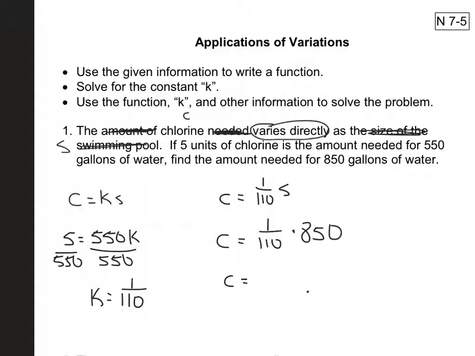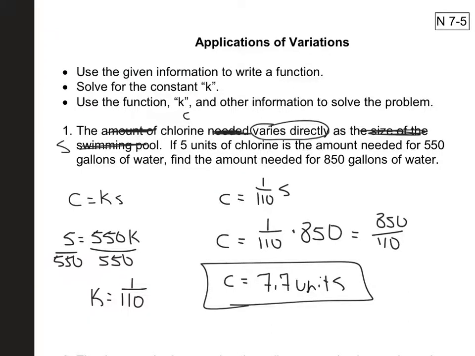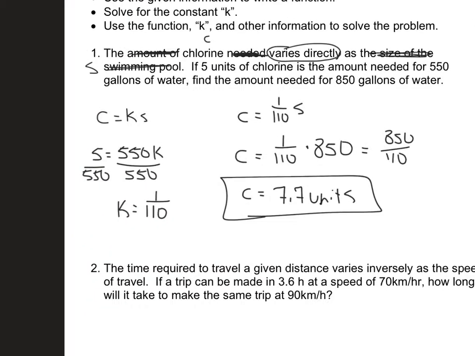And this is probably when I'd put in my calculator. This is really, guys, remember, 850 divided by 110. And when I put it in, I got about 7.7, and I'm just going to put units, chlorine, whatever it is. If you put 7.727 or 7.73, that's fine. Not going to worry about rounding.